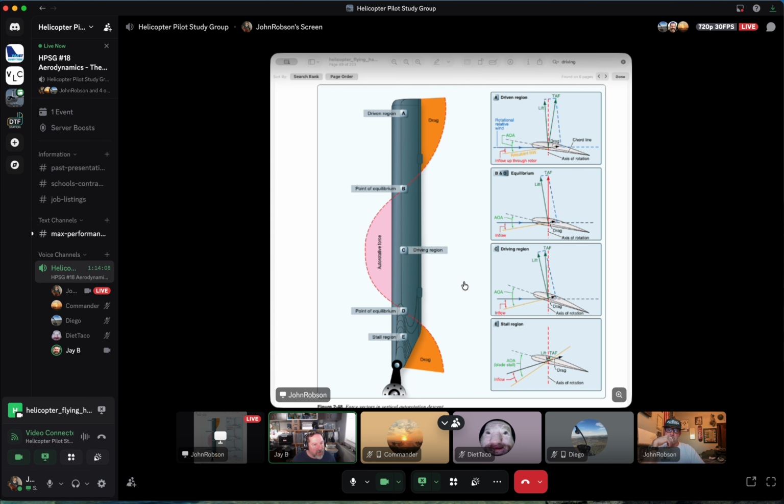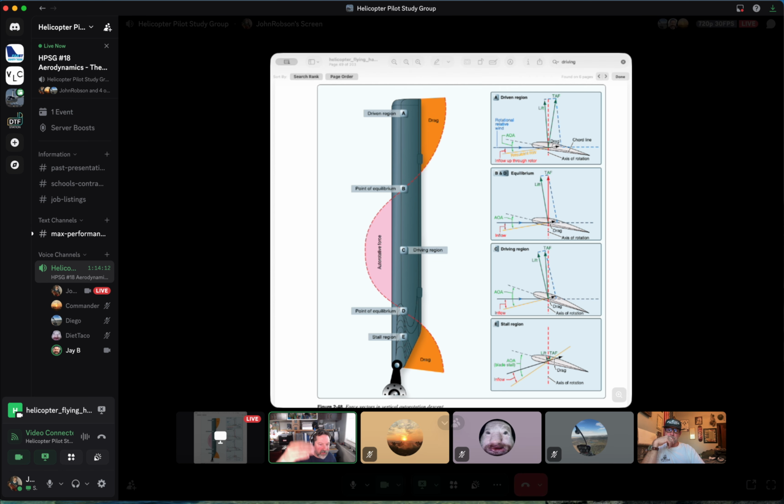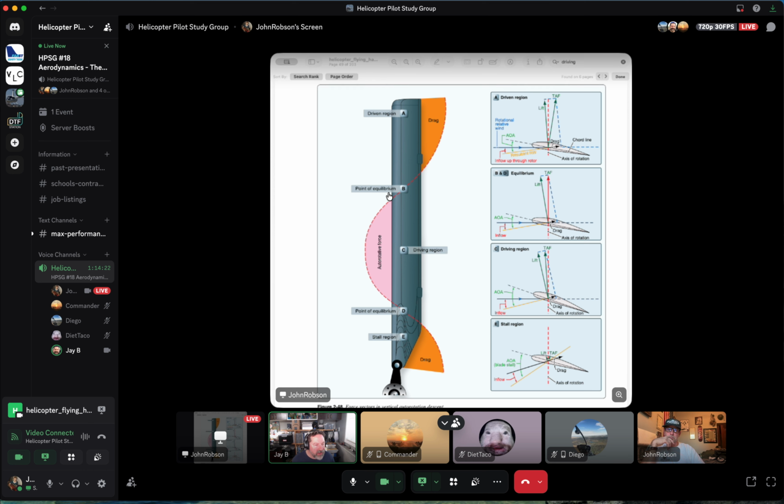The reason I don't use the exact cut from the Helicopter Flying Handbook is partly to reveal the information, partly so you can walk through the details. They show the equilibrium, and I can't find reason to show the equilibrium. I want to tell you all about the driven and the driving and the use of the stall region.